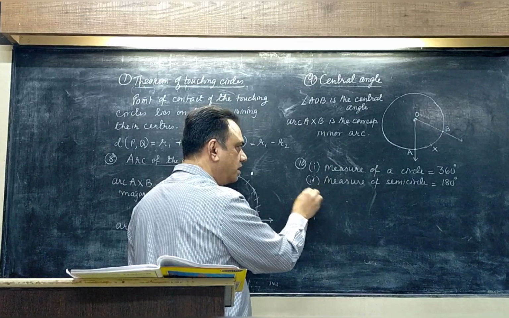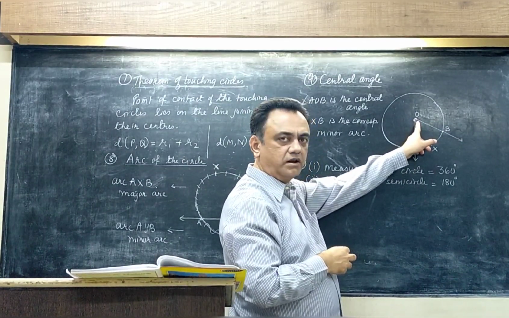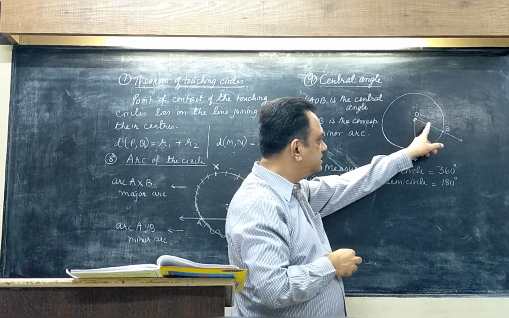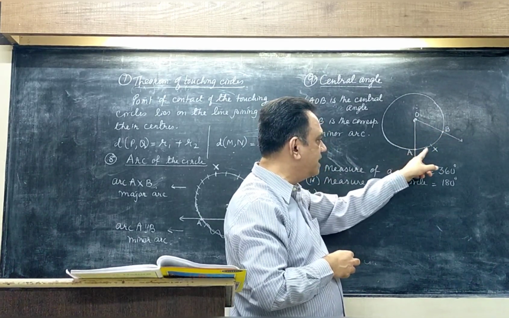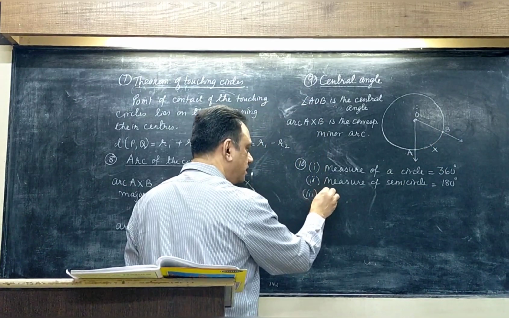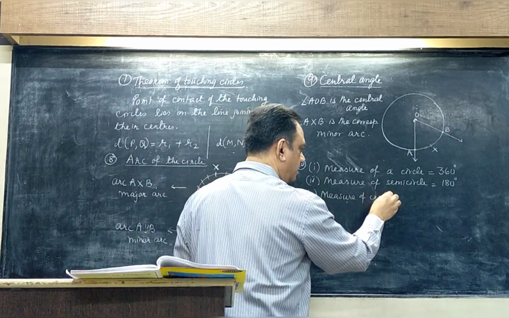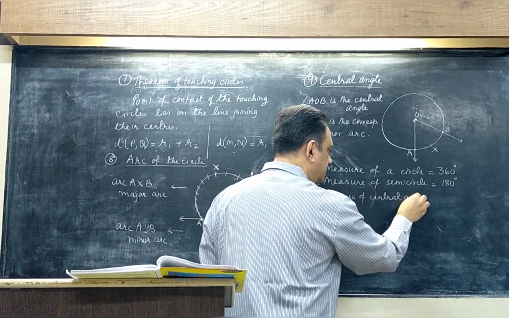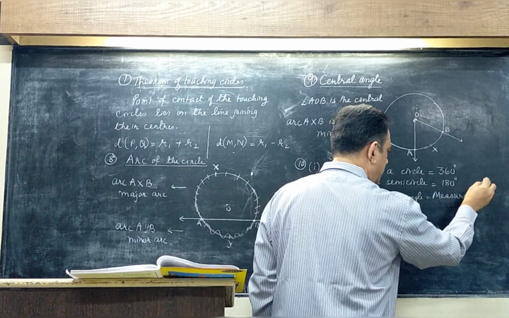Third point, measure of the central angle is equal to the measure of the corresponding minor arc. I repeat, measure of central angle is equal to measure of corresponding minor arc.